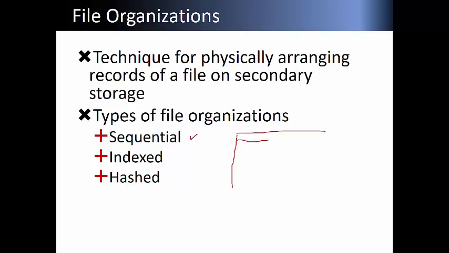Then the first record here, the second record there, and the fourth record there, first come, first served, okay? And piled up. If this is deleted, then maybe this is empty. Later, if this is used, then other data can fit in, and so on, right? Sequential. Indexed or hashed.